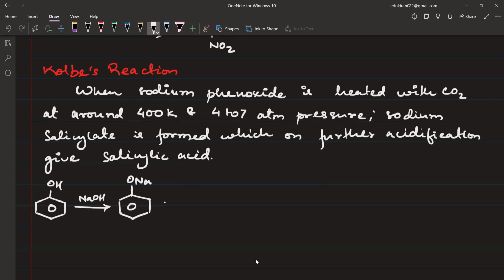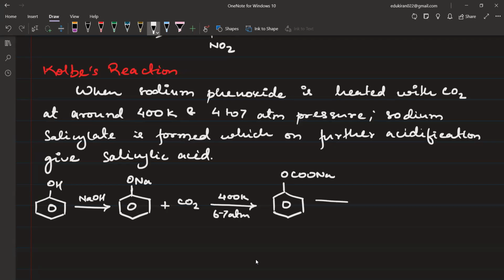Now we need to react this with carbon dioxide, at 400 Kelvin temperature and 6 to 7 atm of pressure, and then it is going to form COONa here.